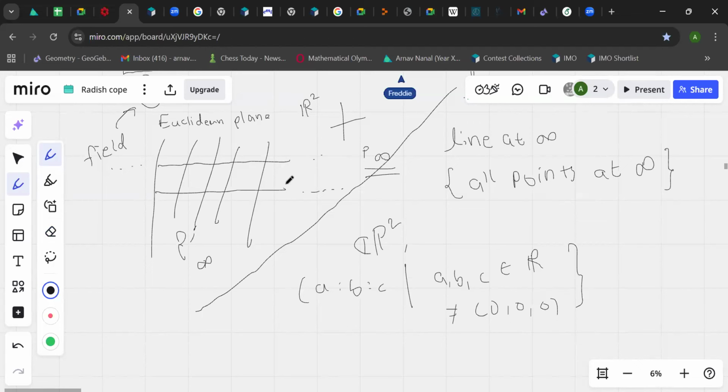This is not a concrete definition as of now. We will get there when we talk about homogeneous coordinates. Maybe not today, but we'll eventually talk about homogeneous coordinates.